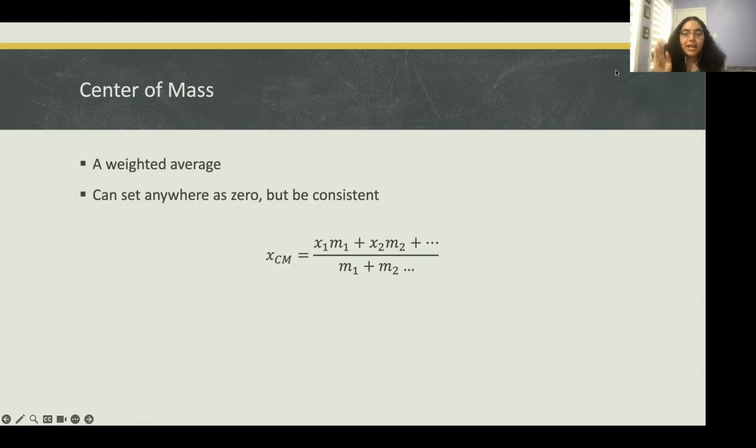And you can set anywhere as your 0, but be consistent. So you can set the leftmost point as 0 and see how far everything is. Or if you're dealing with a fulcrum or something and you want that to be 0, then things to the left are negative. Oh, I guess my video is flipped, but things to the left are negative, things to the right are positive. Whatever is convenient to set as 0, feel free. Just be consistent and put everything relative to that.